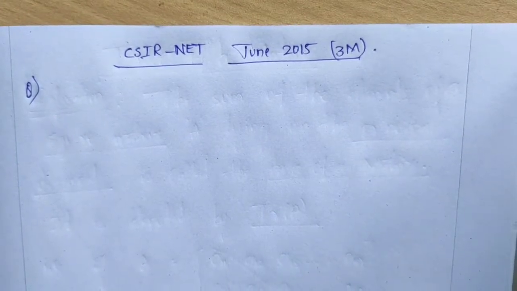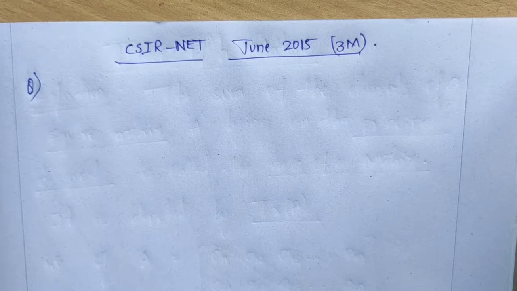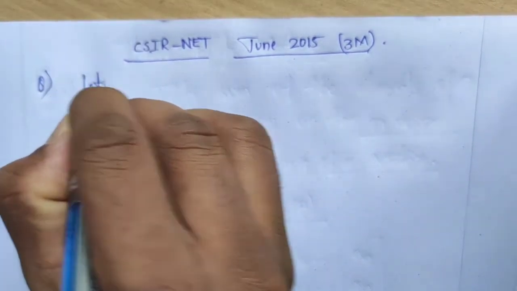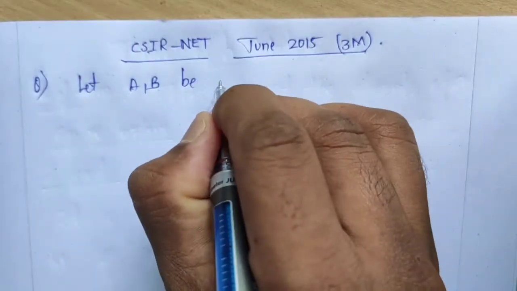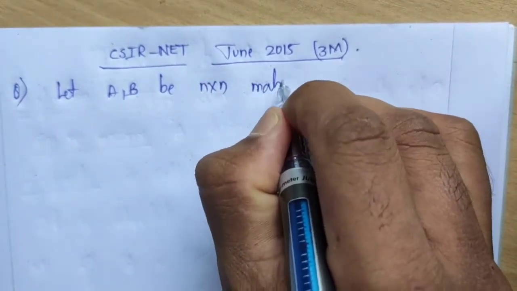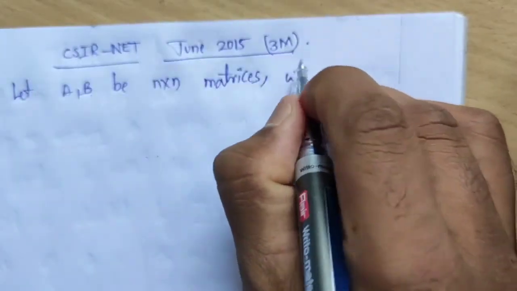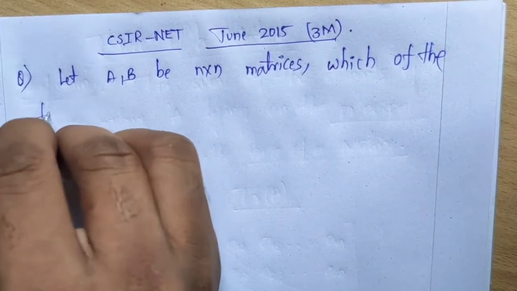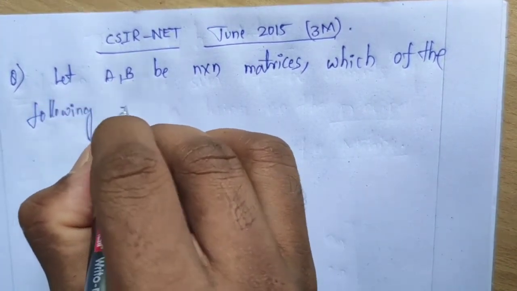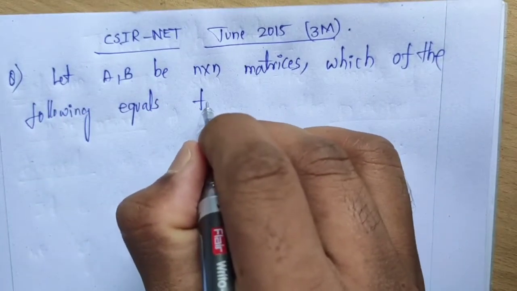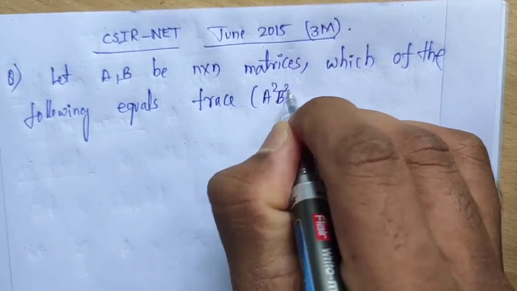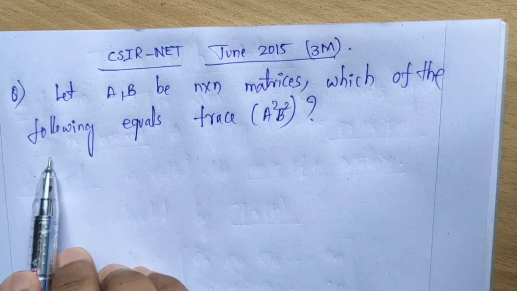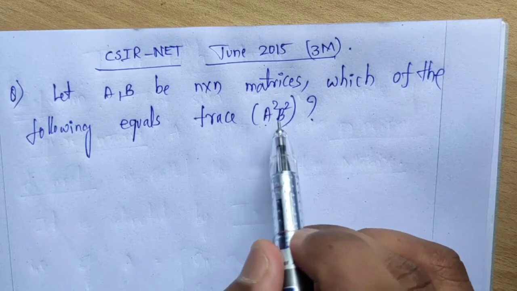Let A and B be n cross n matrices. Which of the following equals trace of A square times B square?